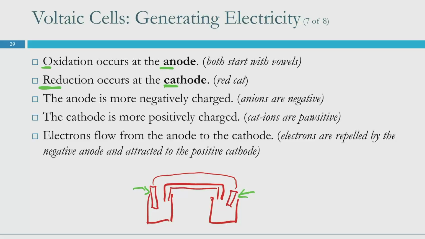We also know of anions as negative. So if we've got electrons in a negative environment, the electrons are going to be leaving, if they can. They'll try to leave that negative environment because they're getting pushed away, since electrons are also negative.